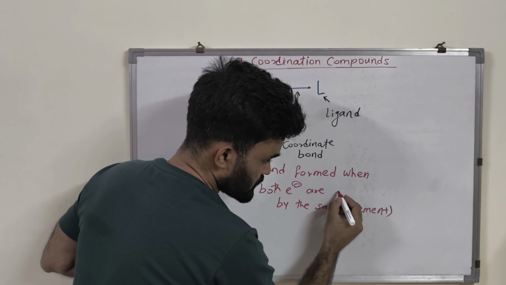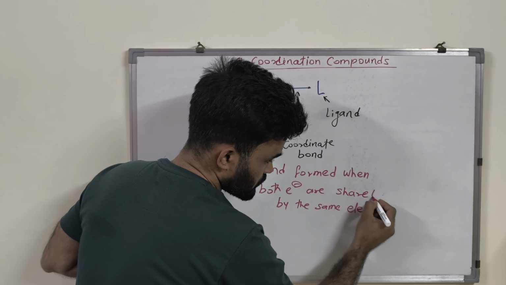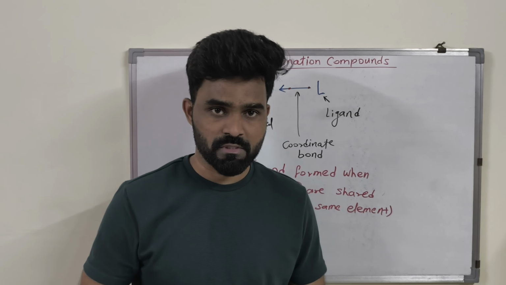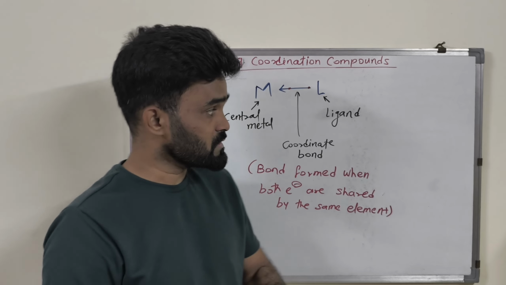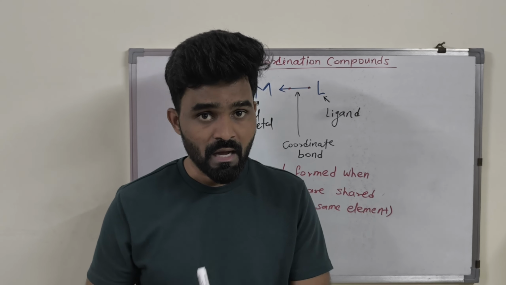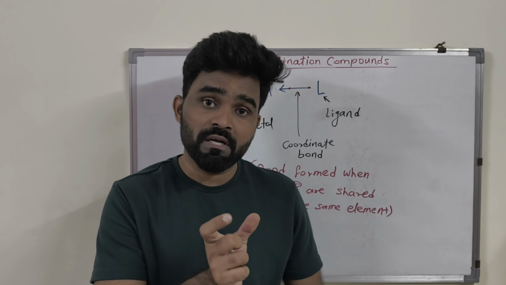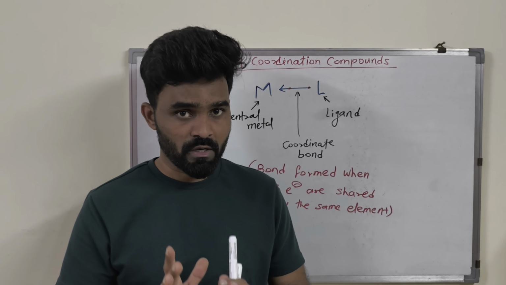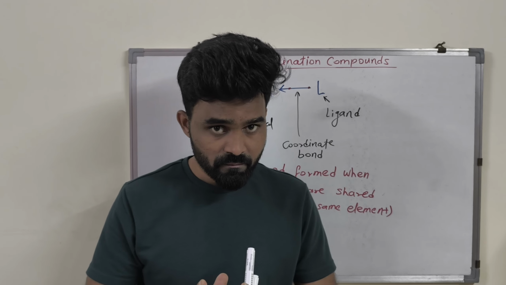Not the proper word, I'll say shared by the same atom or same element. Okay? So that is coordinate bond, and since this molecule has a coordinate bond, आपण याला म्हणतो coordination compound or coordinate compound. Okay with it?